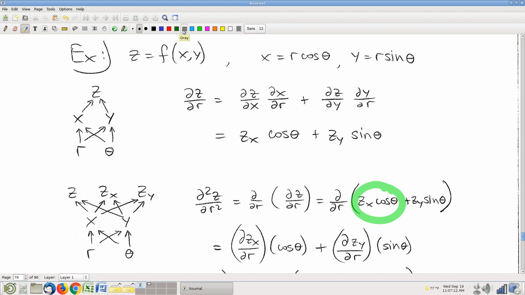Remember, when you say partial derivative with respect to r, I'm going to hold all the other variables on its level constant. So theta is a constant. That means that cosine theta is a constant, and so it factors right out just like a constant because it's a constant.